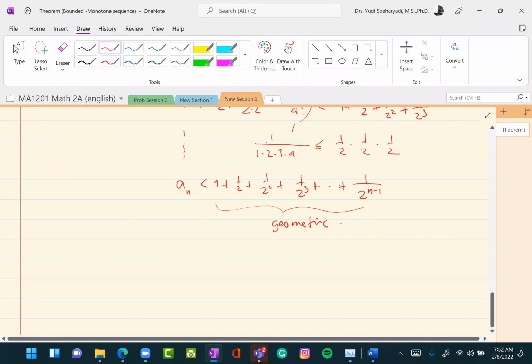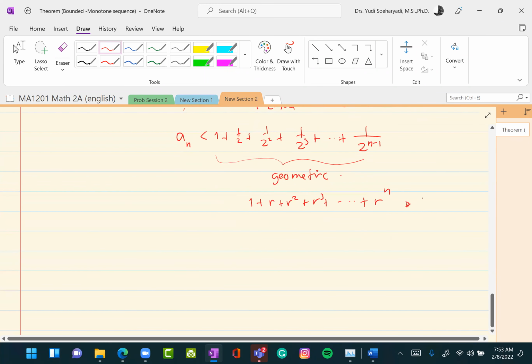What is a geometric sequence? Well, this is something that looks like 1 plus r plus r squared plus r cubed up to r^n, for some r. R can be anything.